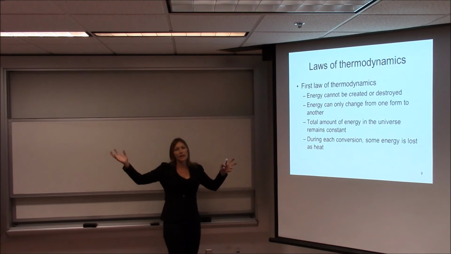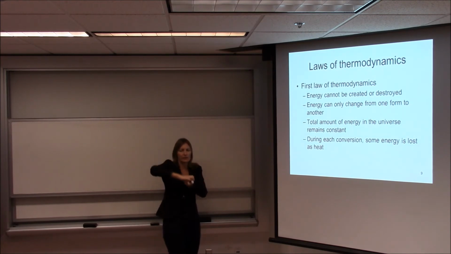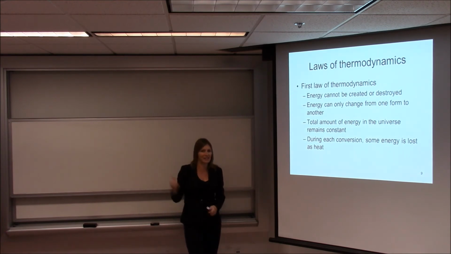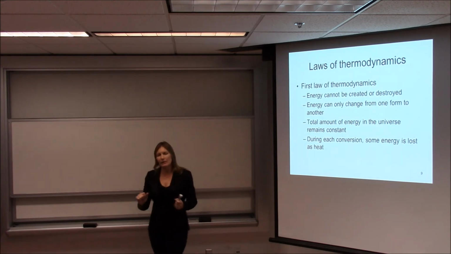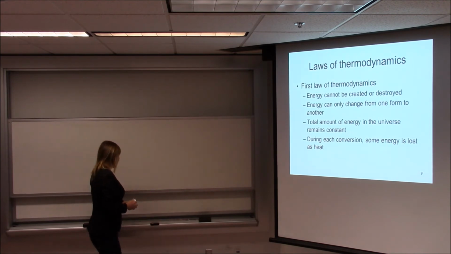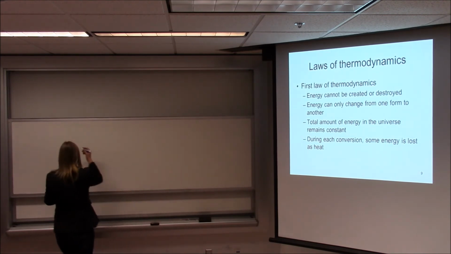We can't then just take that heat energy and repackage it as a log again. It doesn't happen that way. You also can't take that heat and now convert it to light energy. I'm pointing to something that doesn't exist there anymore. You can't convert it to light energy and have that be packaged in covalent bonds of our food molecules again. Once that energy is lost as heat, it's disorderly. So, first law of thermodynamics.